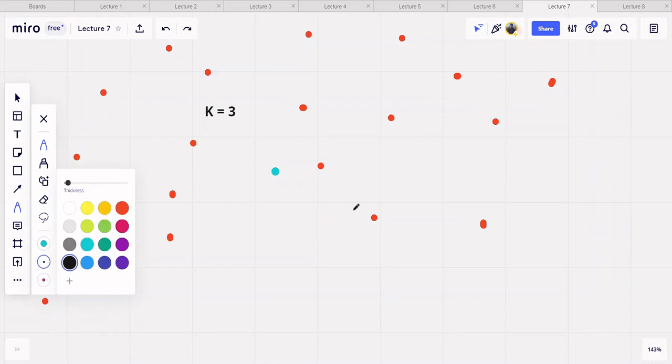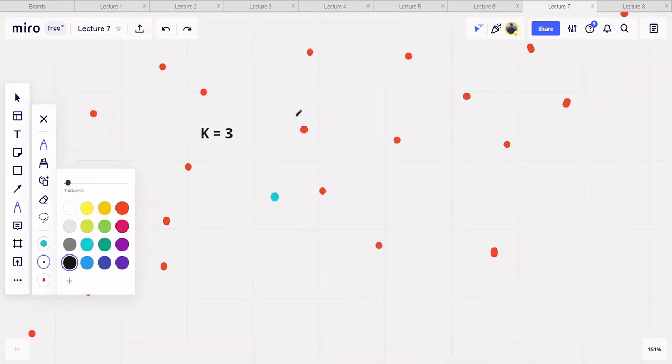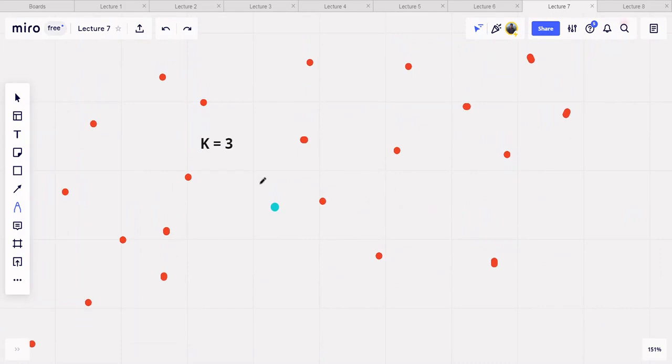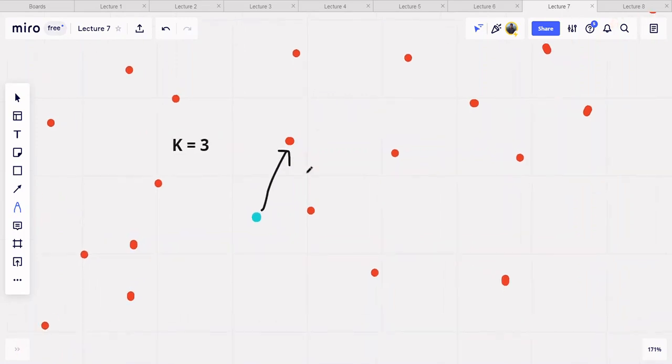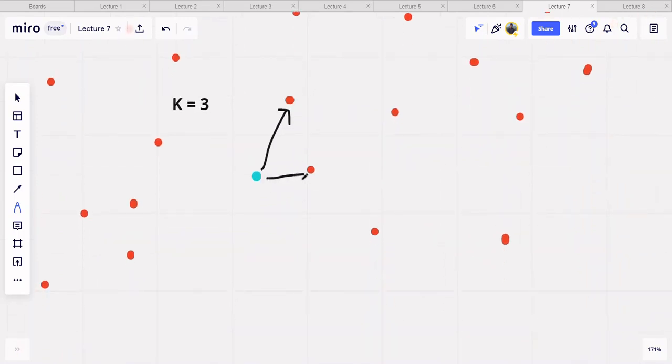We can clearly see that the first closest data point is this, the second would be this one, and the third would be this one. These are the three closest neighbors to our data point.